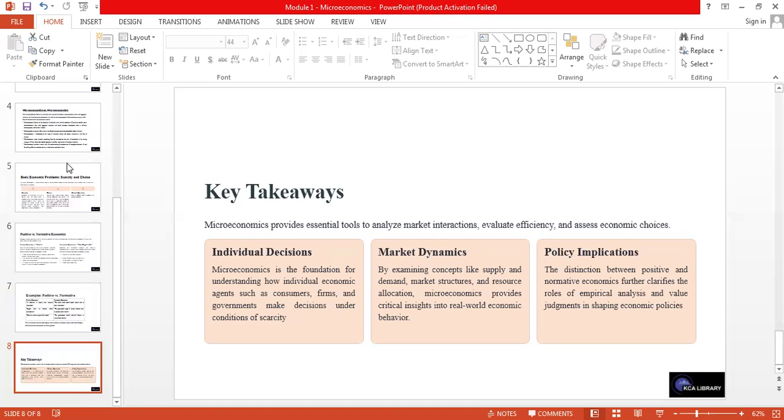We've seen how it's important in terms of market dynamics, whereby it examines concepts like supply and demand, market structure, and resource allocation. And we will still look into this as we move on in the course. Also, for policy implications, the distinction between positive and normative economics further clarifies the role of empirical analysis and value judgments in shaping economic policy.